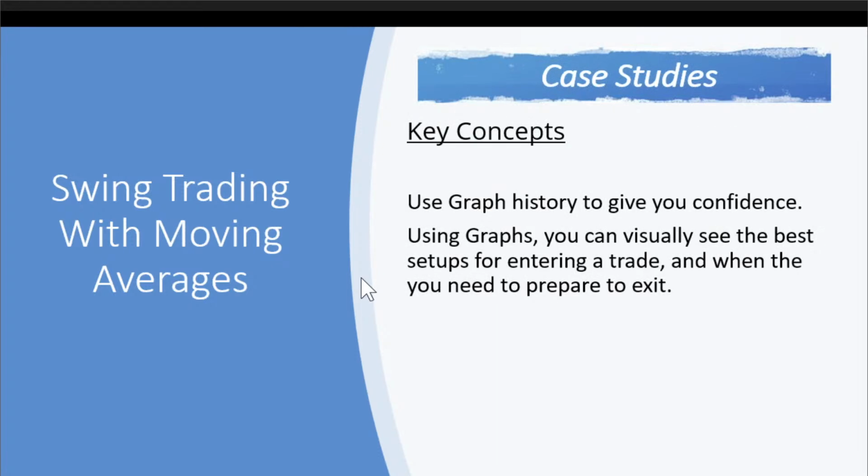Key concepts: just use the graph history to give you confidence. So that NVO stock, right? When I ran the EMA squeeze as of right now, it found NVO at the top because it was currently displaying an EMA squeeze setup. But we looked historically at the same situations as what's going on right now.